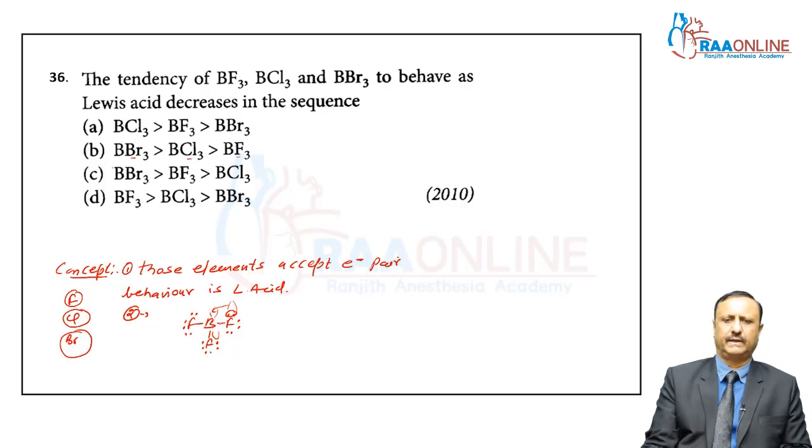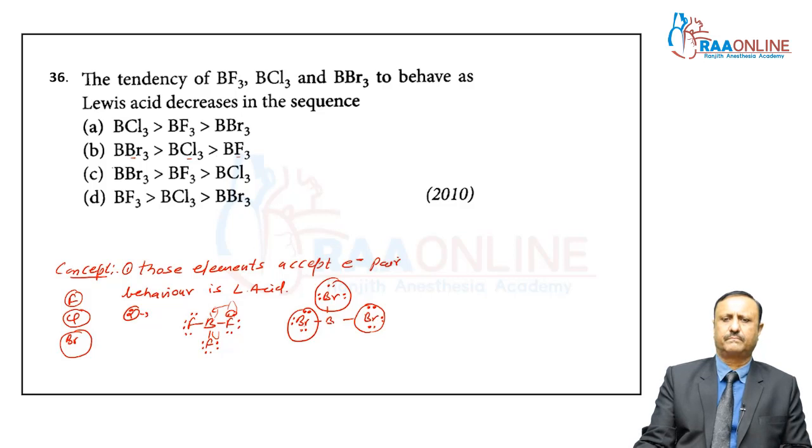Br is larger in size compared to fluorine, and lone pair electrons are also present in bromine.